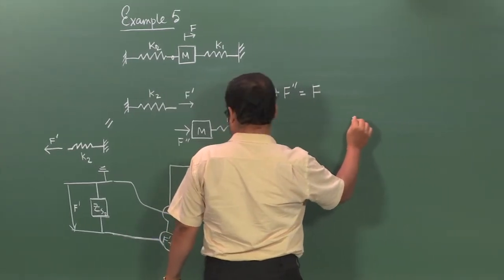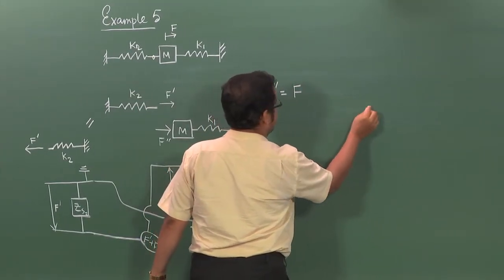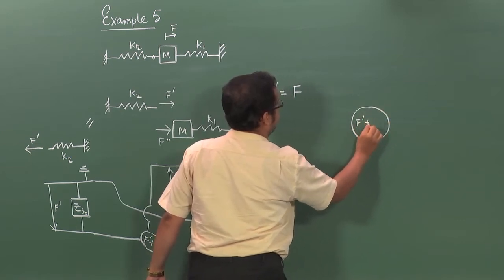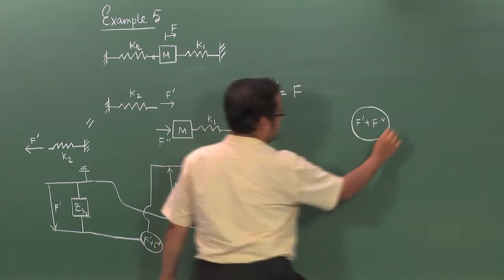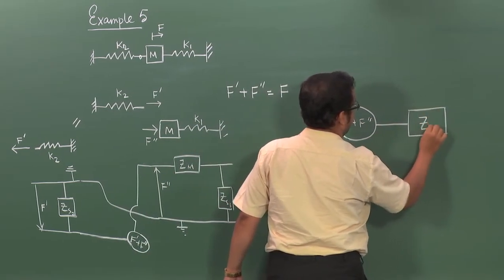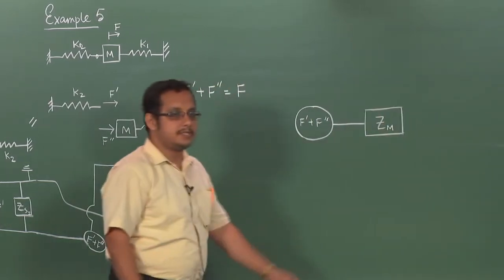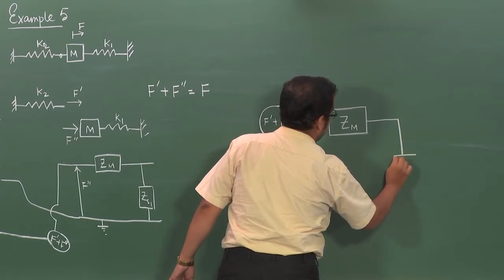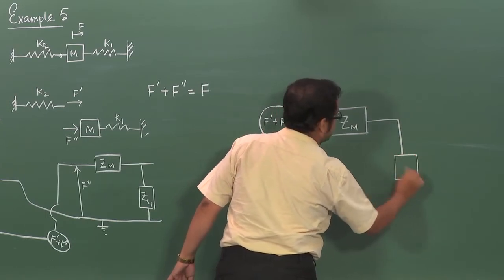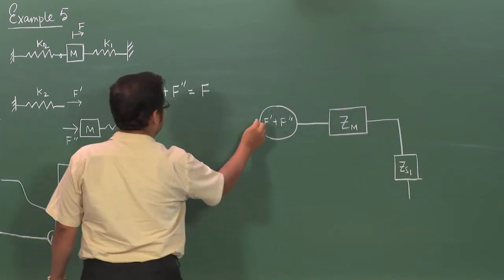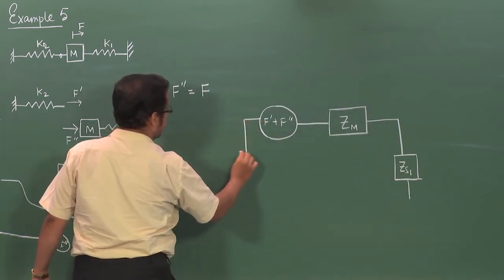So, the equivalent circuit this time would mean that you have a source of magnitude F prime plus F double prime, you have a mechanical impedance given by the mass Zm, you have Zs1 on this side and you have Zs2 on the other side.